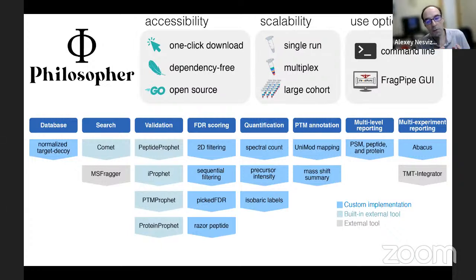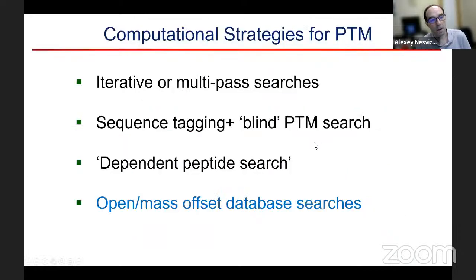So Philosopher is a toolbox that's a key part of FragPipe as well, that runs the Trans-Proteomic Pipeline components, as well as FDR filtering and reporting tools.